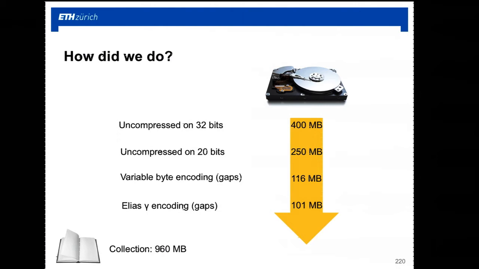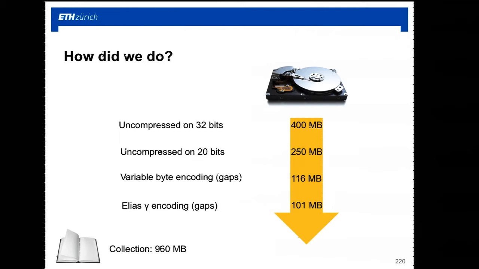So this is how we did. So you see that, of course, it's not 10 times shorter, so it's not like a miracle, but still, you can see that if the index is compressed to 1/4 of its size, you can reverse the argument and realize that you can store a collection 4 times as large on the same machine, right? So we are doing pretty good here.